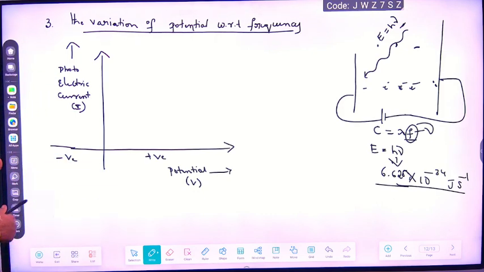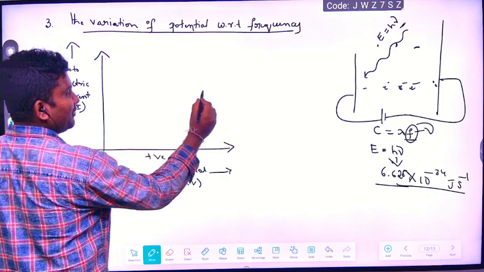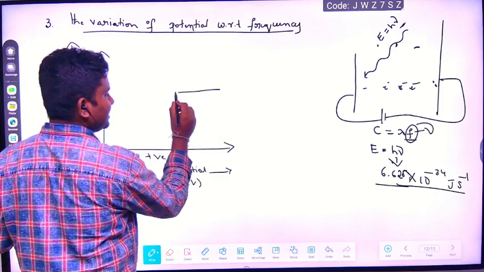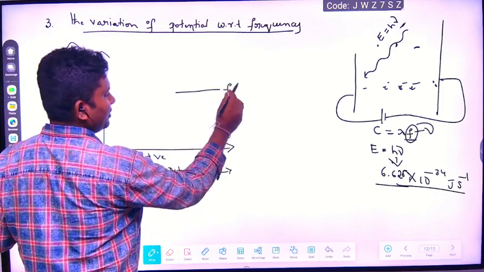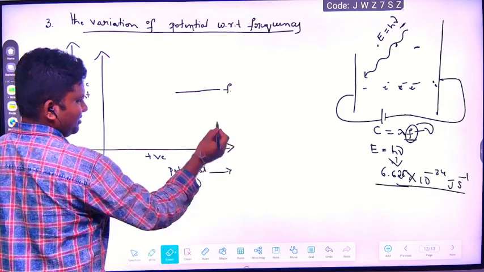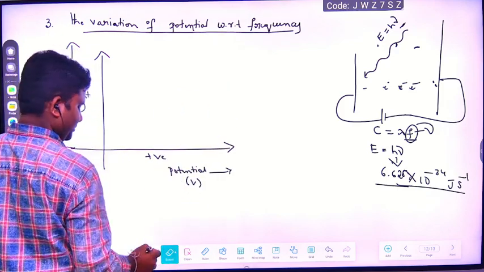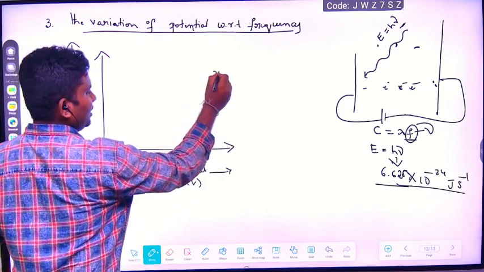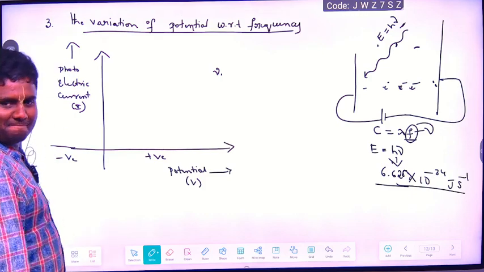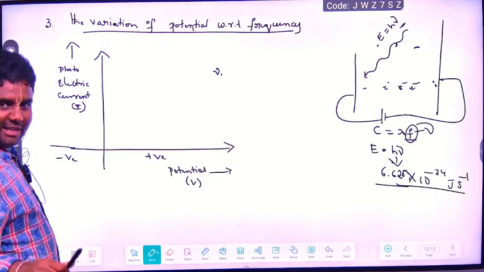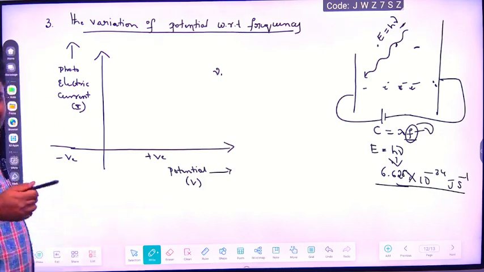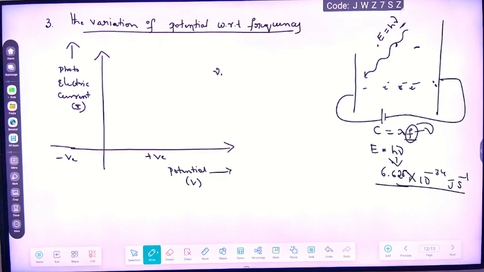Okay, understanding? Now for different frequencies, I was writing F, actually I will write mu. So mu1. Take the same intensity of light, but the frequencies are different now.